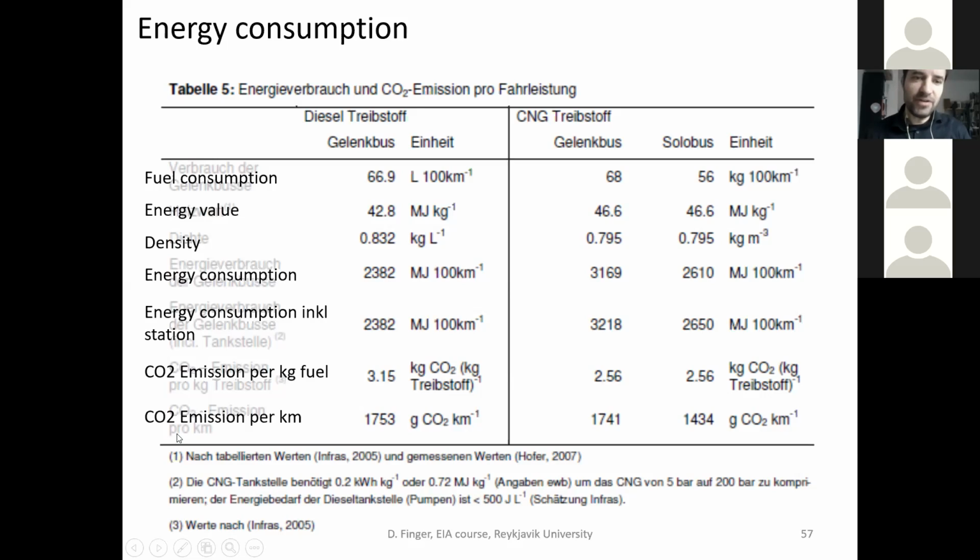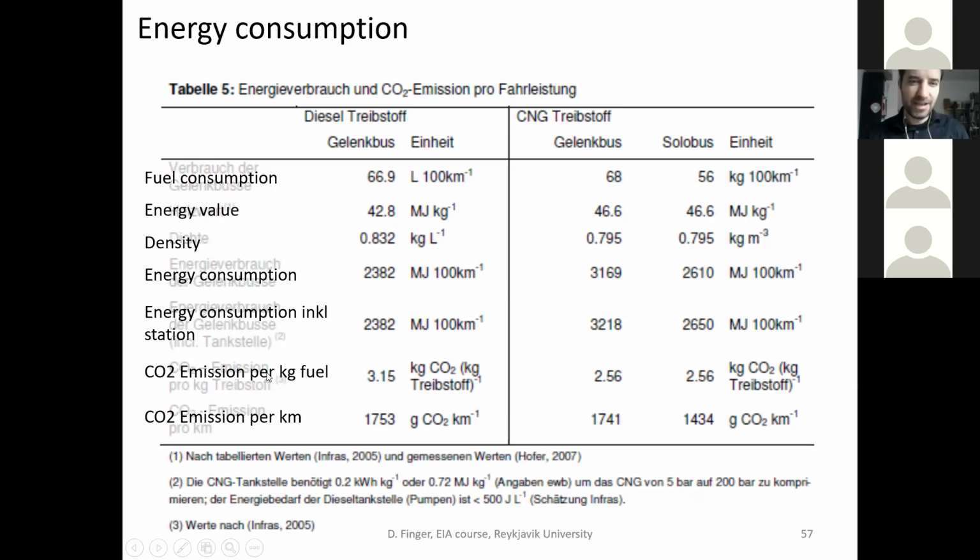So simply by doing an inventory, we looked at the CO2 emissions per kilogram fuel, and we could already show that the natural gas buses, depending on a purely theoretical estimate, were slightly providing less CO2 emissions per kilogram fuel produced.